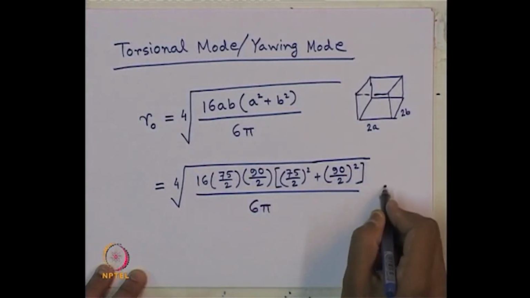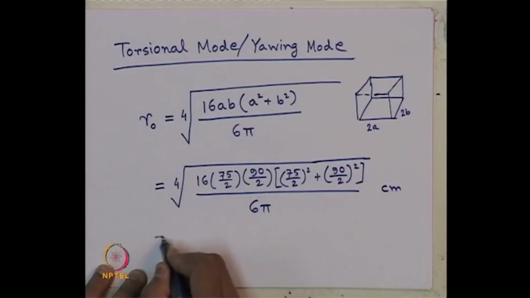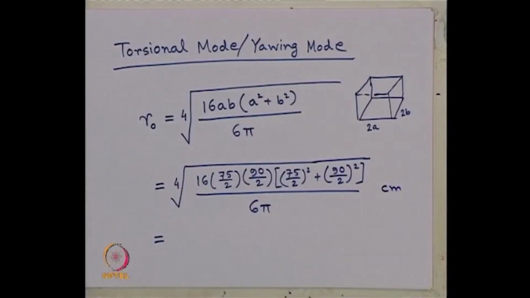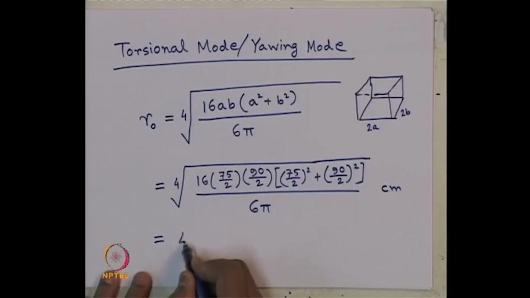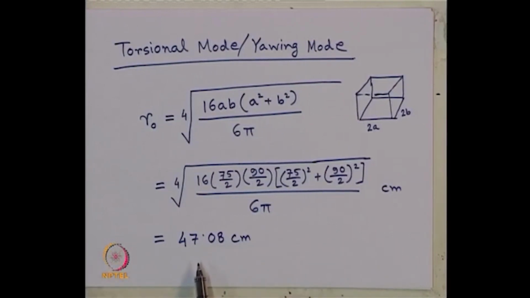So much of centimeter, because everything is in centimeter. Let us calculate this. How much R naught are we getting? 47.08 centimeter.